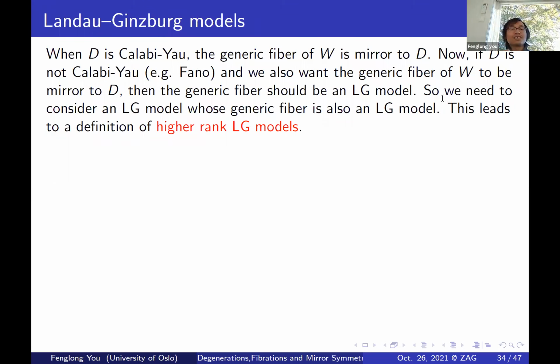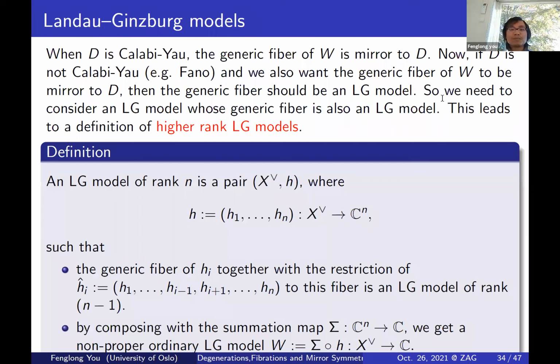That means in this case, we should consider a higher rank Landau-Ginzburg model. And the higher rank Landau-Ginzburg model is that we have a multi-potential H1 to Hn mapping to Cn, and the generic fiber of the Landau-Ginzburg model is a Landau-Ginzburg model of rank n-1.